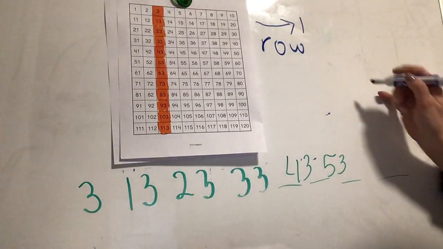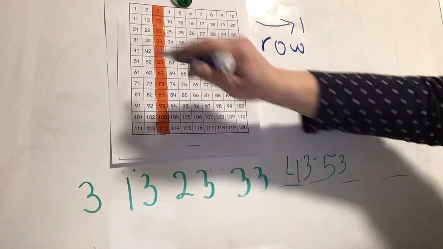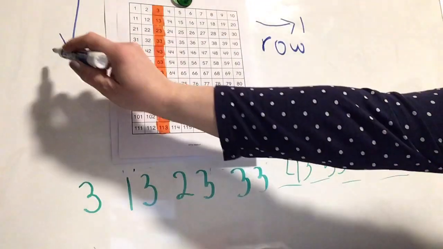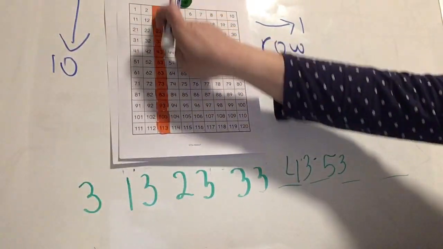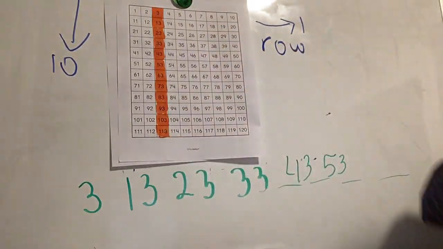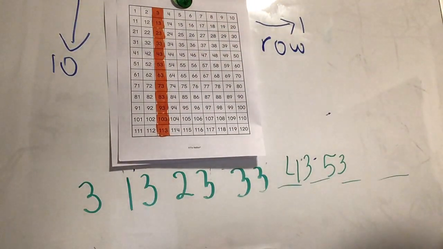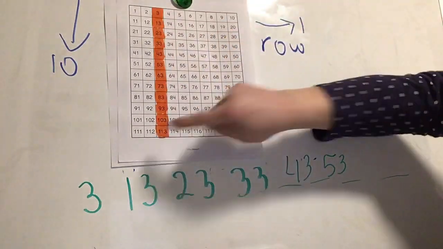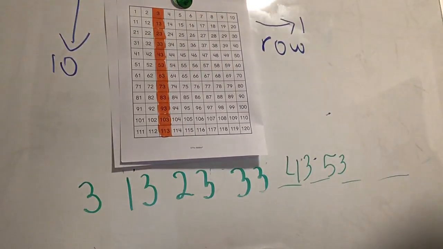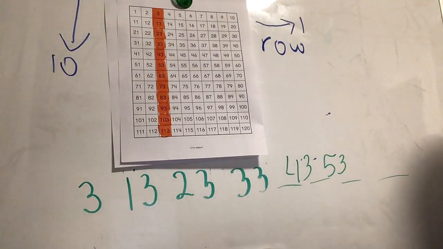When I count by 10, I go down, and this is called a column. This is a column. This is a column. This is a column. And when I count by 10, I count down. When I count by 1, I go this way. It's important to remember that.